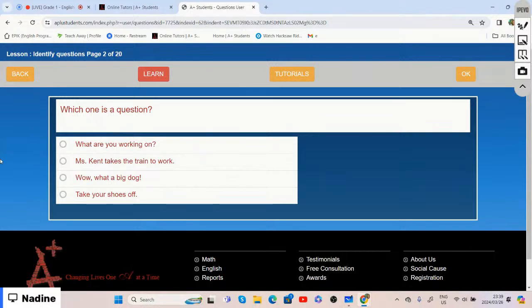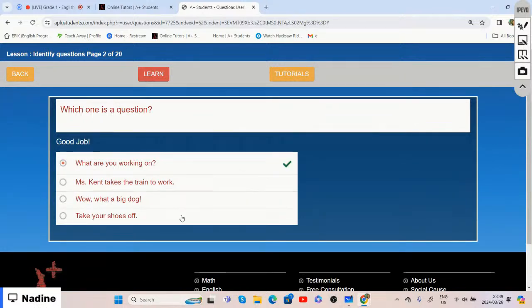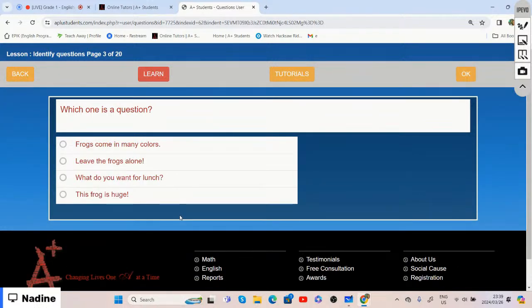All right, if we're going to choose the one that is a question, we will choose option 1, which says, what are you working on? And it ends with a question mark. Yes, so what are you working on is correct. Well done.